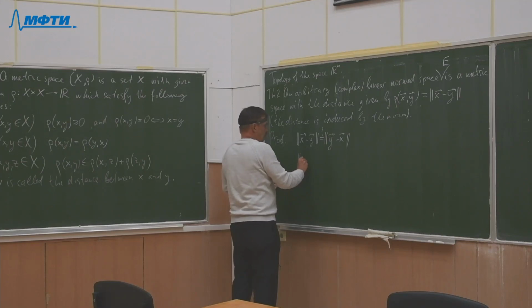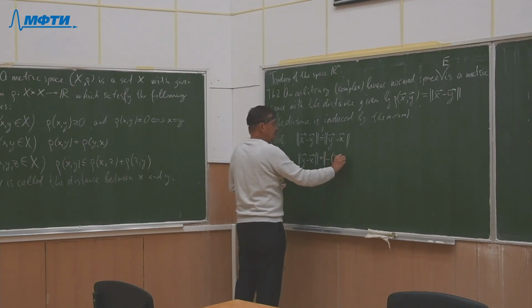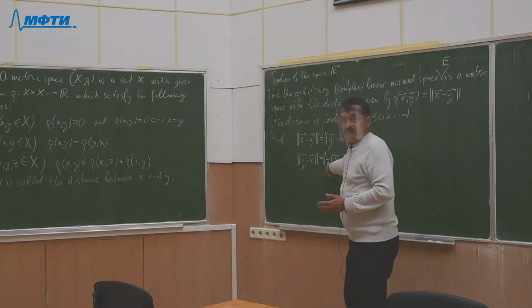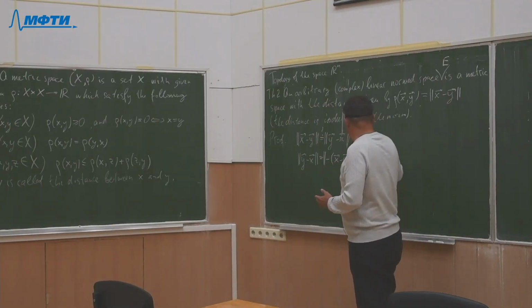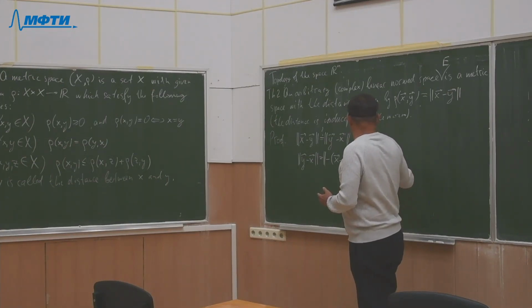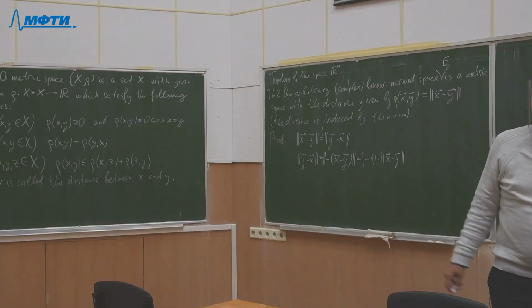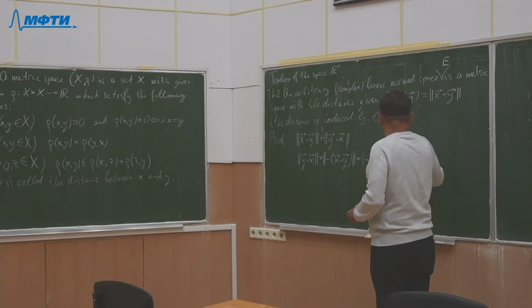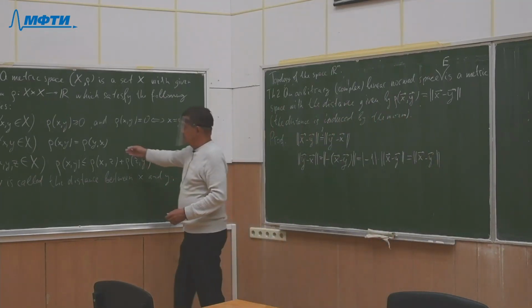Because norm of y minus x we can rewrite like norm of minus times x minus y, right? And that is minus 1 times, which gives modulo of minus 1 times norm of x minus y. By second property of the norm, modulo of minus 1 is 1. So norm of x minus y. And that is precisely second property, symmetry.